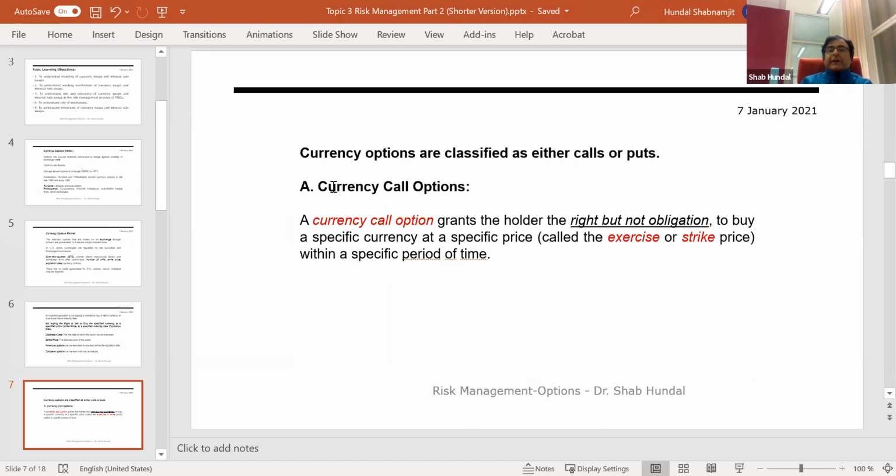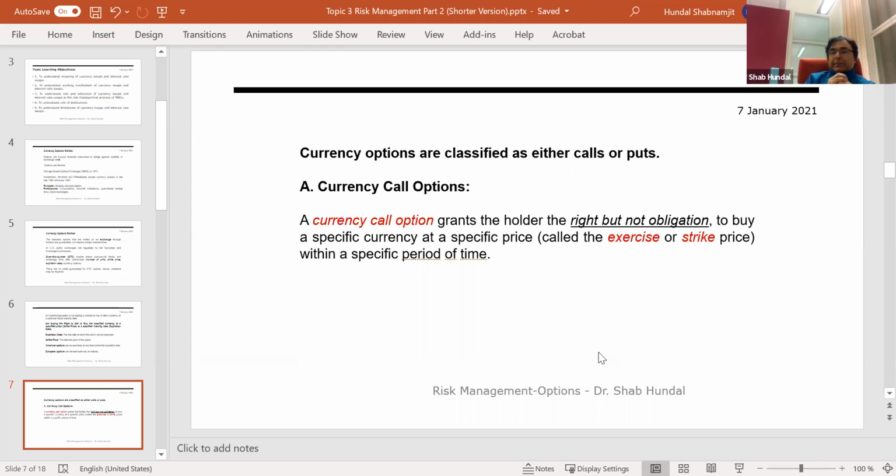So then the question is, who will buy the currency call option? Well, you are an importer. You are in Belgium. You can be either hedging or speculating, but you will be buying something in the future. So if you are doing hedging, then it could be possible that you are importing something from Australia and you are going to pay your exporter who lives in Australia.